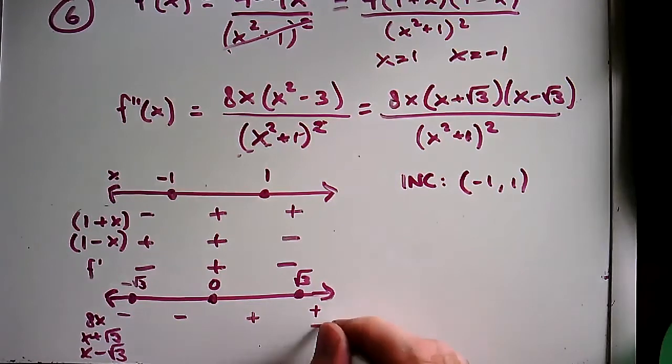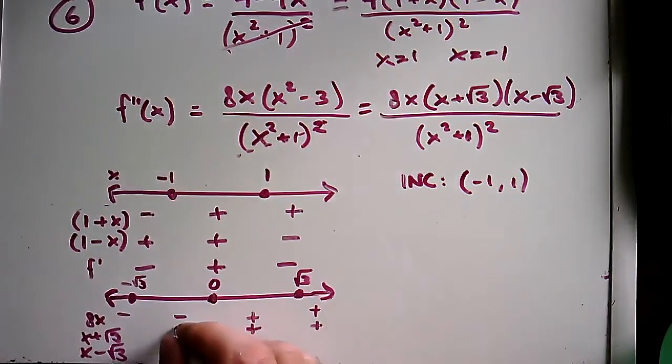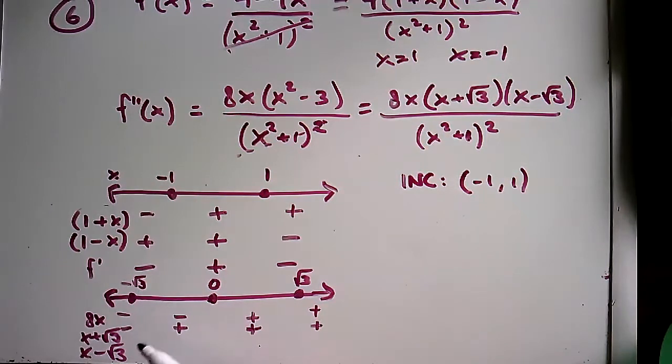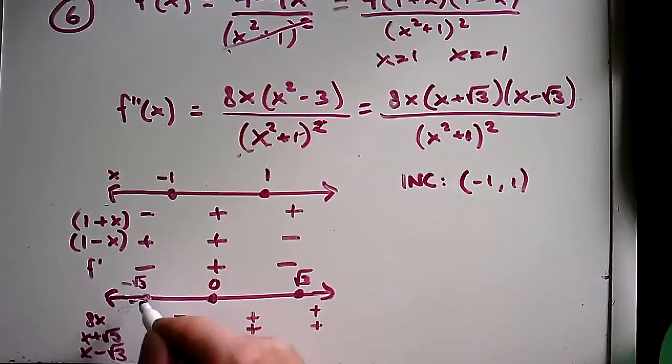Well, obviously, if we start with a positive number and we add root 3, we end up with a positive number. If we started with a number that's negative but greater than negative root 3, we'd still end up with a positive number when we add root 3 to it. And if we start with a number less than negative root 3, we'd have a negative number. Slide this over a little bit. There we go. Minus and minus.